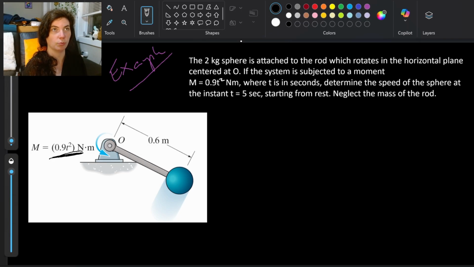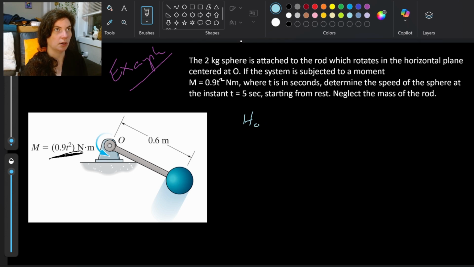So again, a really good indication that we want to use our angular momentum is that we've got velocities, we've got a moment, and it's curvilinear motion, right? Going in that rotation around point O. So since we've got a good candidate here for our principle of angular impulse and momentum, I'm going to go ahead and write that out.